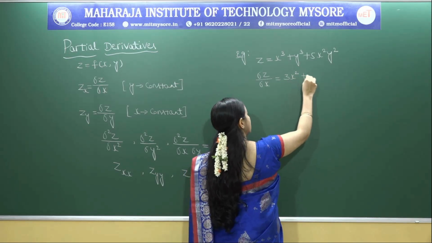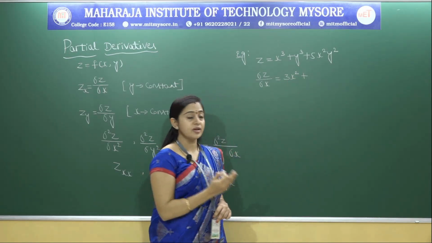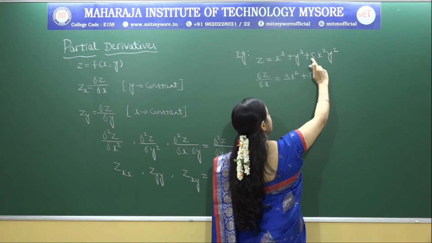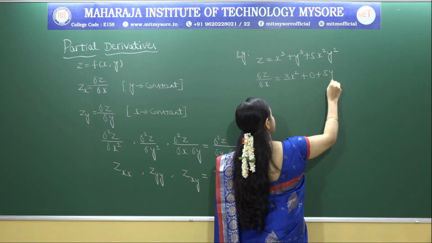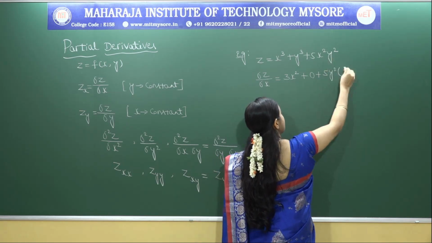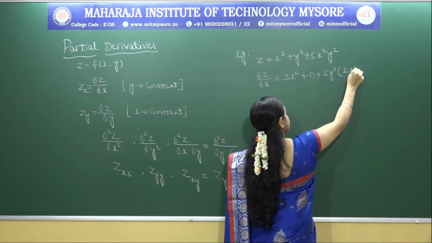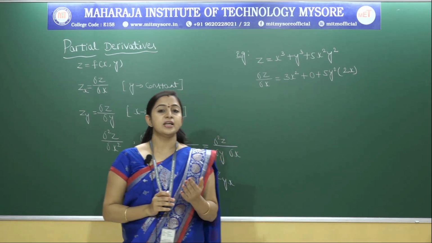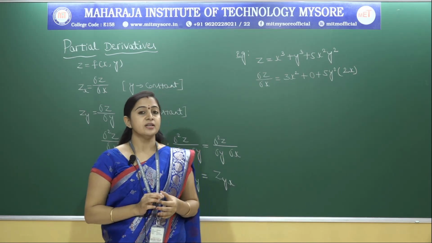Since y is constant, the differentiation of y cube is 0. Here y square and 5 are constant terms, so you differentiate x square to get 2x. This is the partial derivative of z with respect to x keeping y constant.